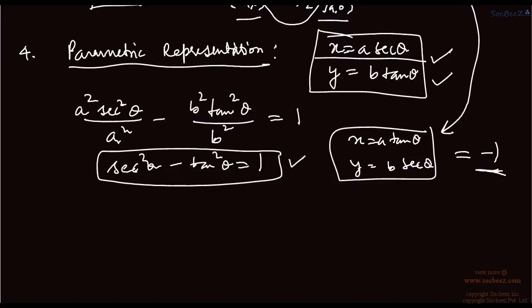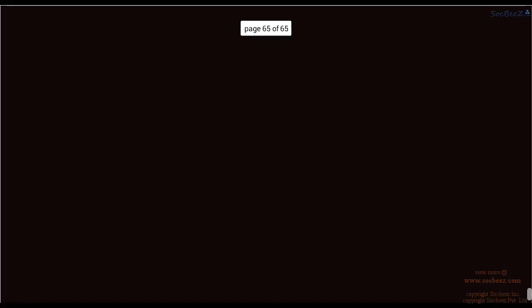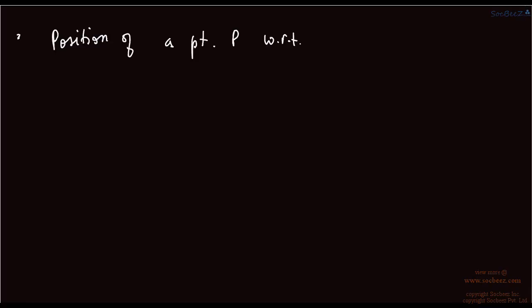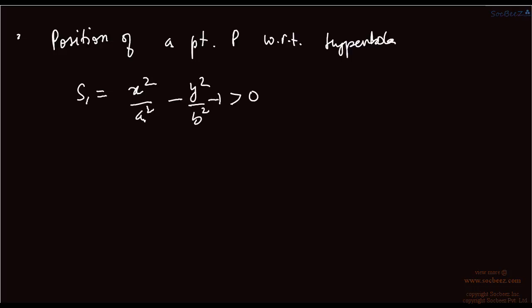Now, position of a point P with respect to a hyperbola. S1 equals x square by a square minus y square by b square minus 1 is greater than 0, equal to 0, or less than 0, accordingly for these three.